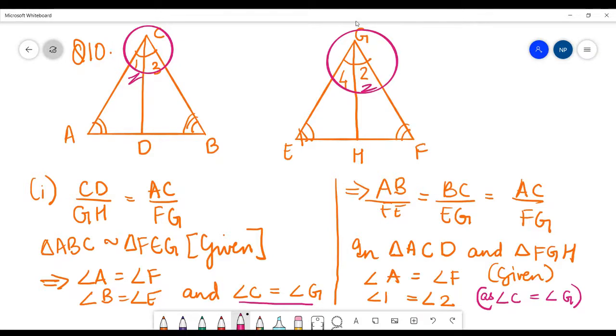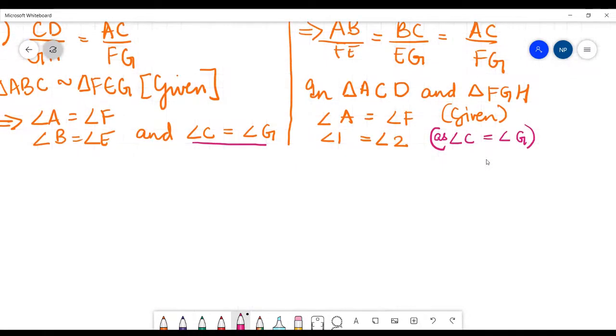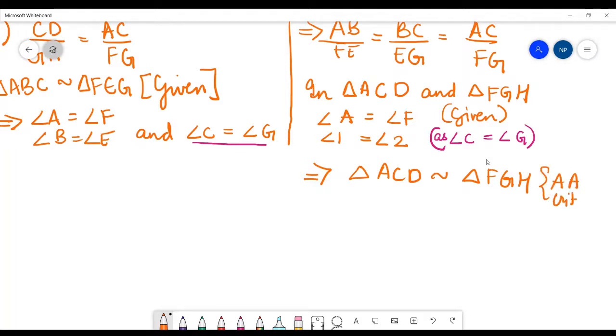This implies that, from here we will shift down and write over here, triangle ACD is similar to triangle FGH, because here we have already proved that the two angles are equal, and when the two angles are equal, the triangles are similar by AA criterion. By AA criterion, here we have proved that the two triangles are similar.